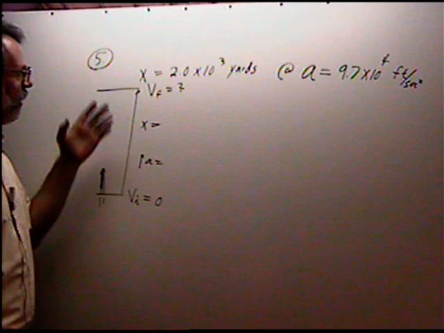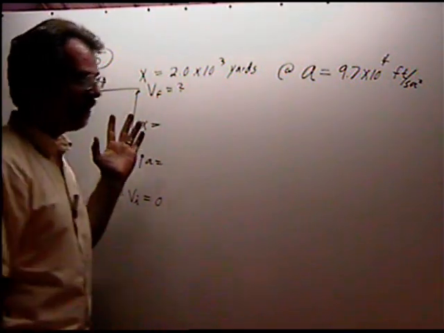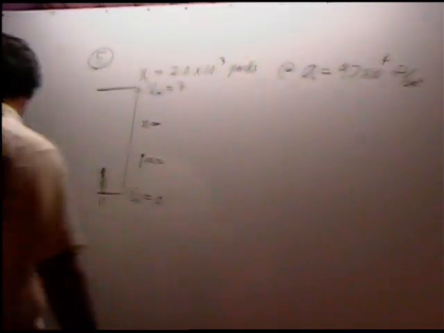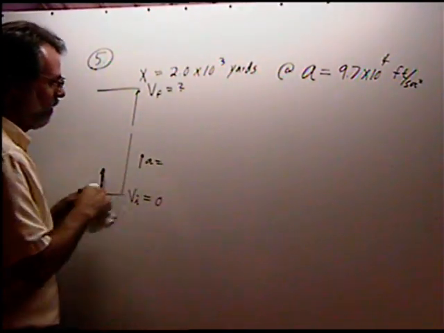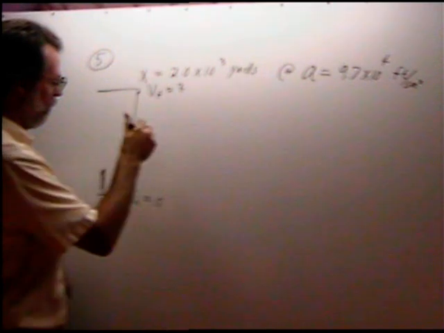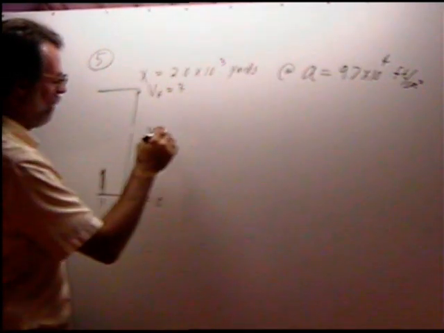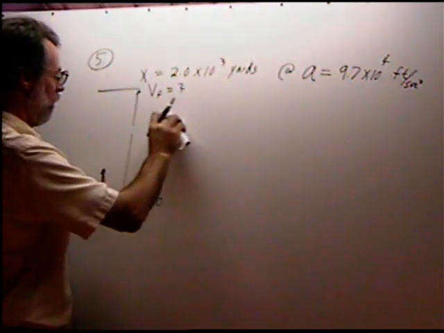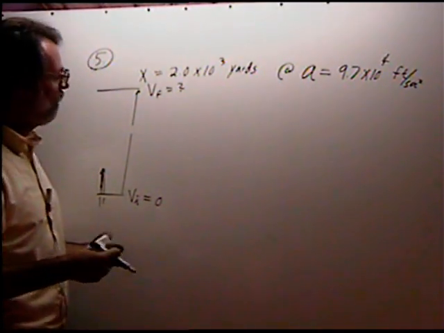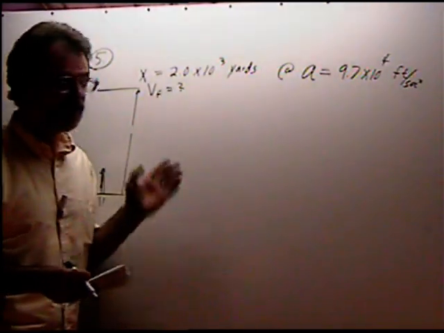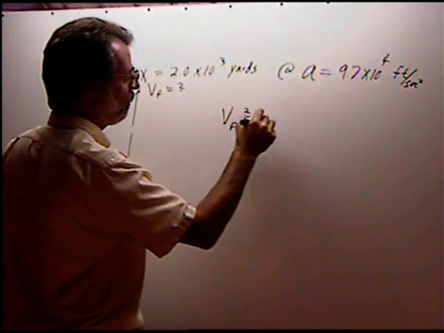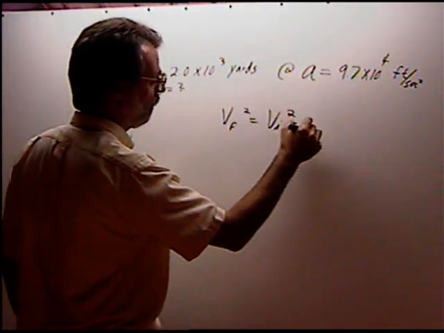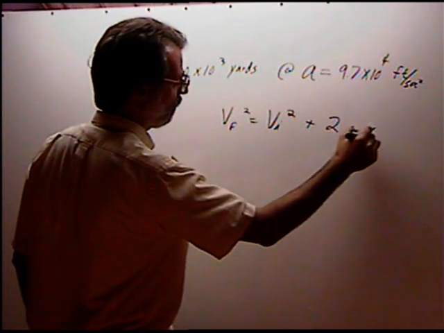Well, notice that we don't know anything about time, but we do know this distance traveled, and we know the acceleration. So, what equations can we use? We can't use anything with time, but we can use this equation: the final velocity squared equals the initial velocity squared plus 2 times acceleration times the distance.